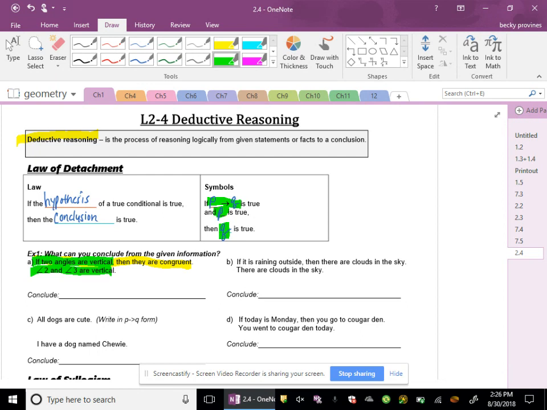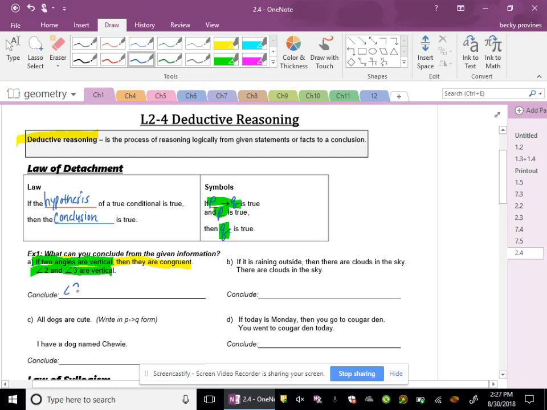So for the third step, which is what can you conclude, you can take your third sentence and make it about the conclusion. So my conclusion, the part that's in yellow says, then they are congruent. So I'm going to take off the word then, and who is they? In step number 2, they told you who they is referencing.